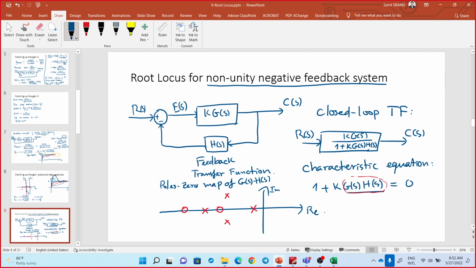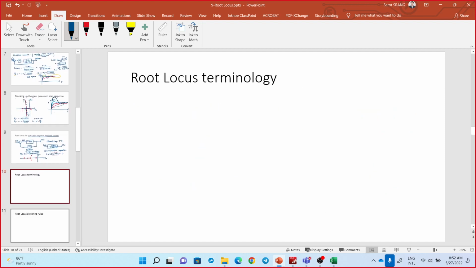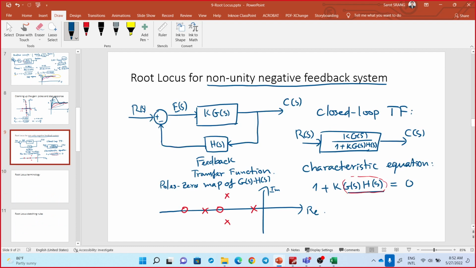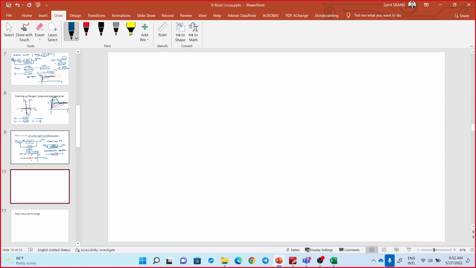One more point that, not yet, let me add. One more point is that you may ask, well, why do we only consider a controller with only gain k?